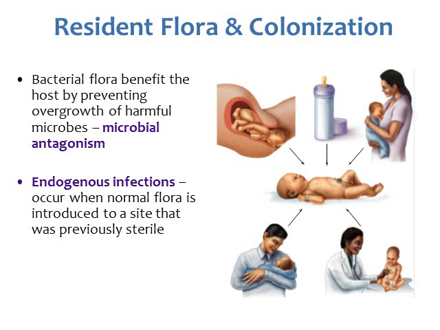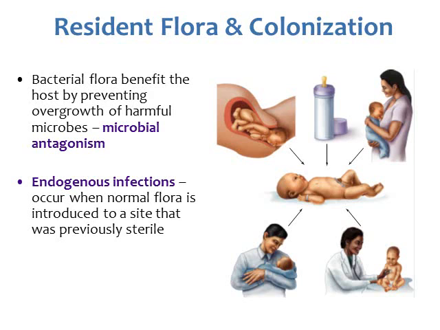So these bacterial flora benefit the host by preventing overgrowth of harmful microbes. And this is called microbial antagonism. So this is basically on our skin. Our skin is a habitat for these bacteria to live on. And in that habitat, we want the beneficial bacteria to take up most of the space.